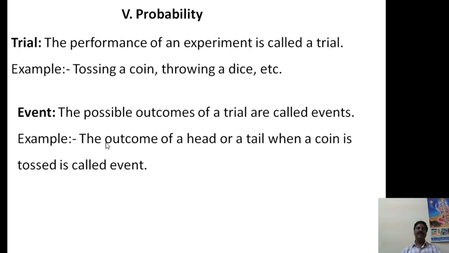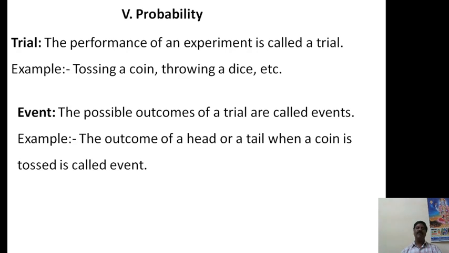Then coming to the event. The possible outcomes of a trial are called events. For example, the outcome of a head or tail when a coin is tossed is called an event. The possible outcomes means when the coin is tossed, it may be head or it may be tail.